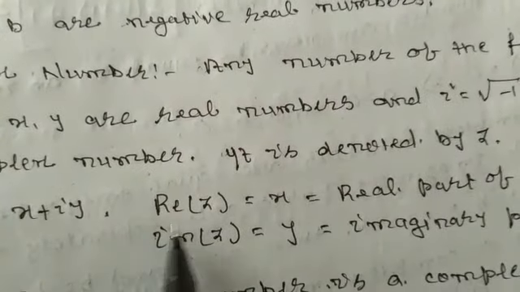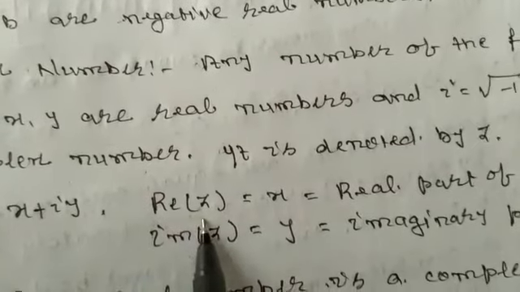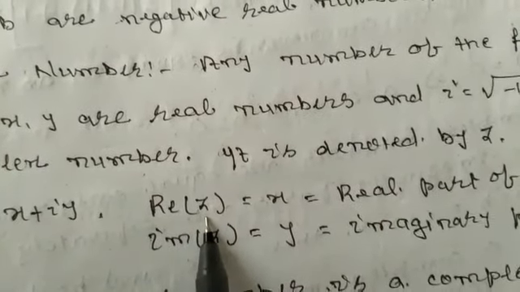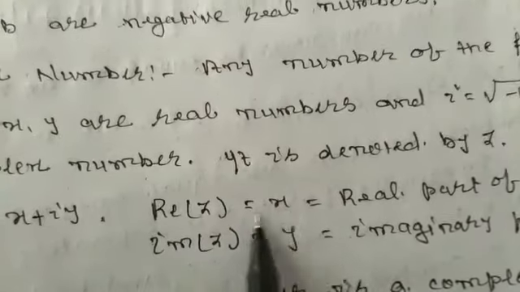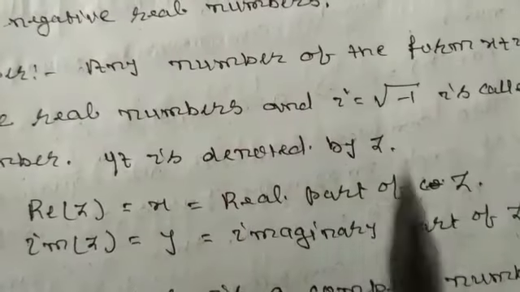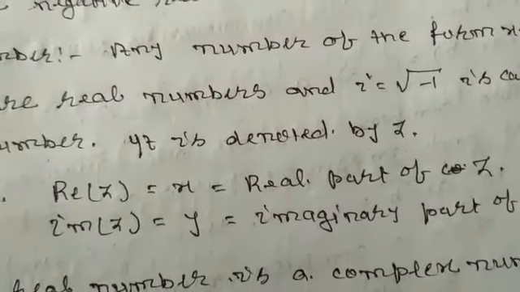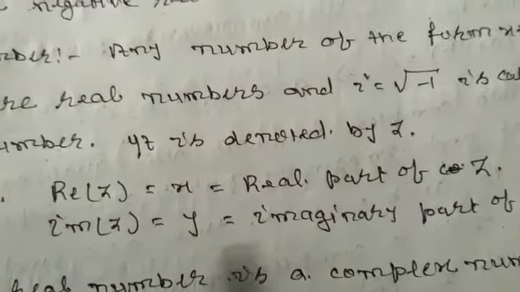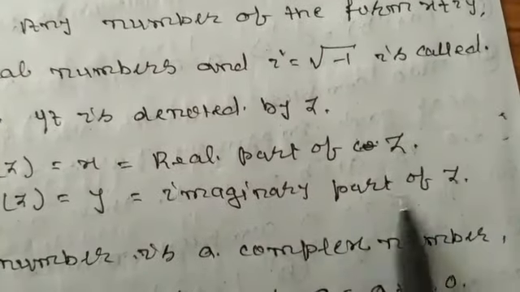So here we write the real part with this symbol, Re of z, real part of z, equals x, which is the real part of z, and Im of z equals y, which is the imaginary part of z. In such way we write it.